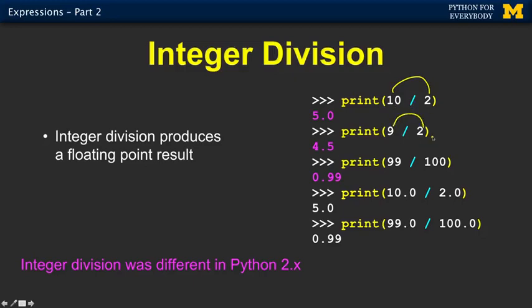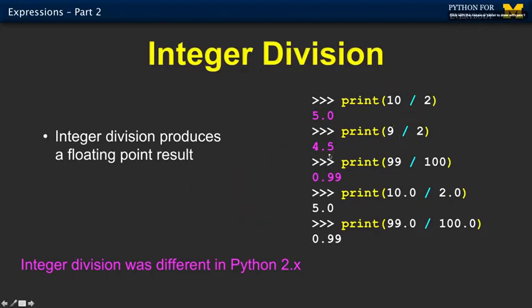So 9 over 2 is 4.5. Think about if you put in 9 divided by 2 in a calculator, you wouldn't expect it to say 4. And in Python 2, it said 4. It actually truncated. It actually threw this bit away. But in Python 3, it just automatically converts divisions to floating point, and so it works out quite nice.